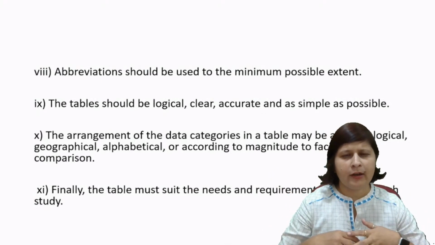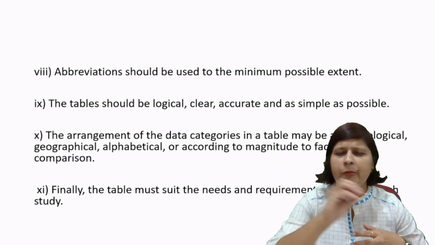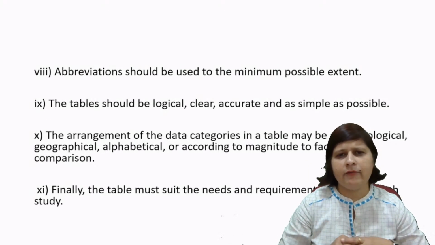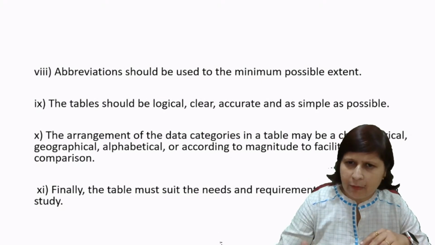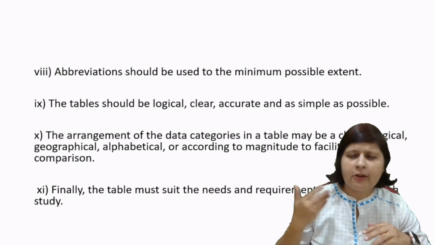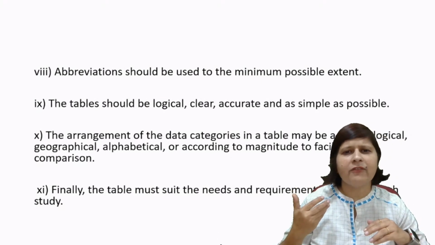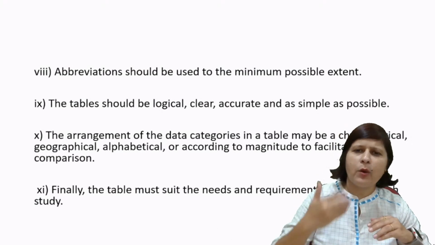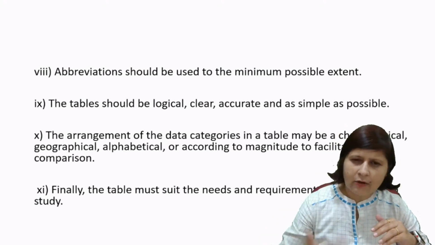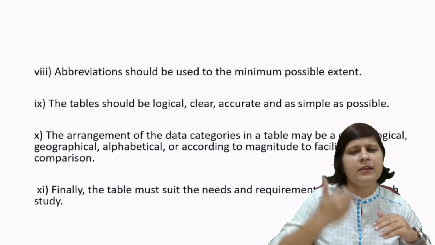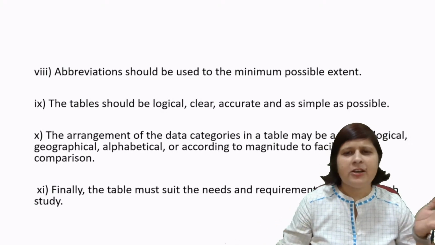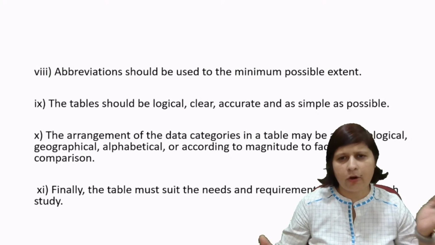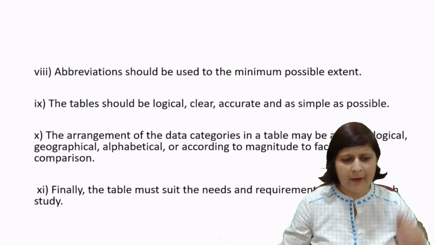You should not put things anywhere. If you are following alphabetical order, follow the alphabetical order. If you are following chronological order, say on the basis of the years, right from 2001 to 2010, then it should be in the chronological order, either ascending or descending. It depends on you, but proper order should be followed in the table.